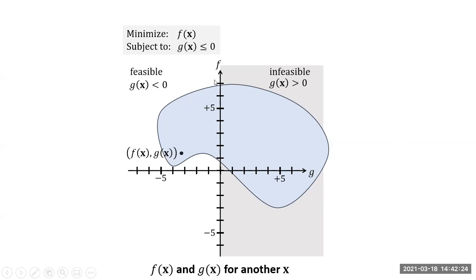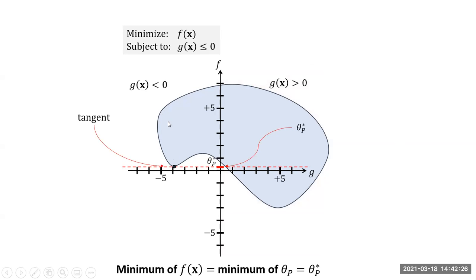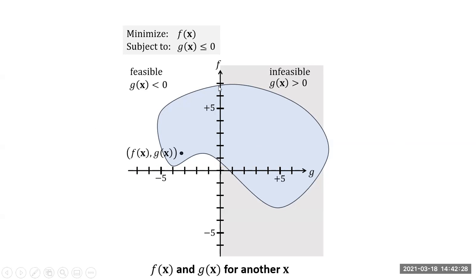So we have to look at this region only. That's in the left half plane, where g is negative. And here, what's the minimum value of f? F, not g. As long as we are restricted to this region, we don't care what the value of g is, as long as it's negative.